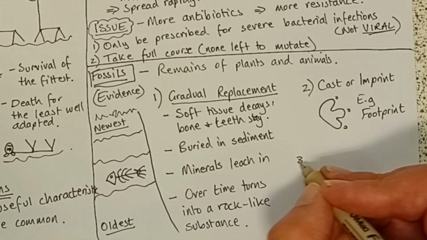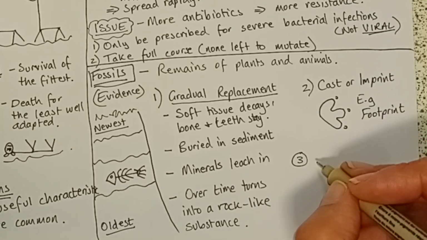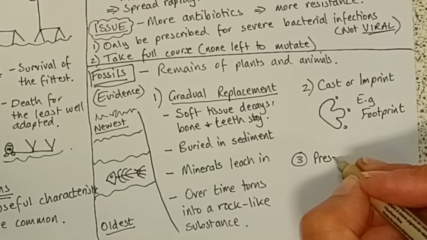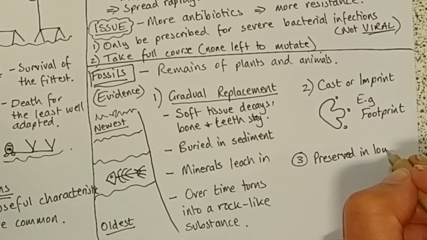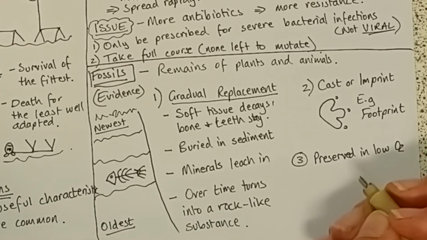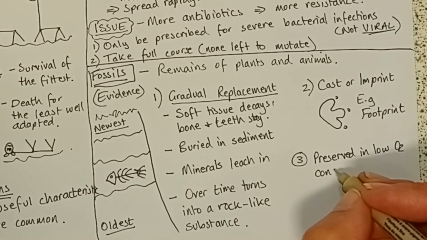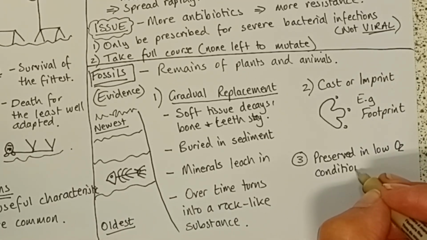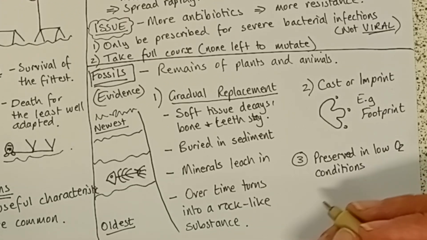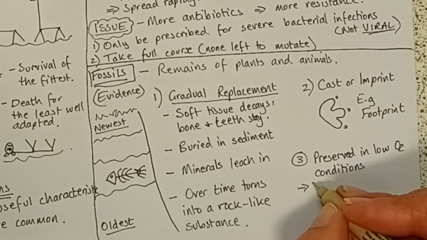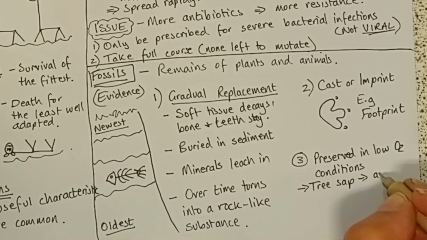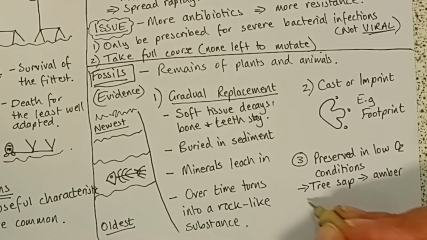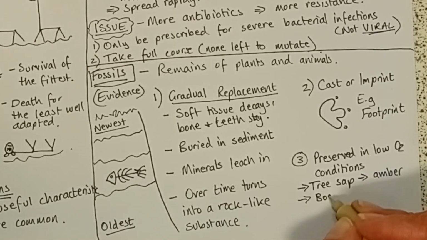And the last sort you need to know about is preserved in low oxygen conditions. So, for example, trapped in tree sap, which makes amber, or bogs, which are acidic.